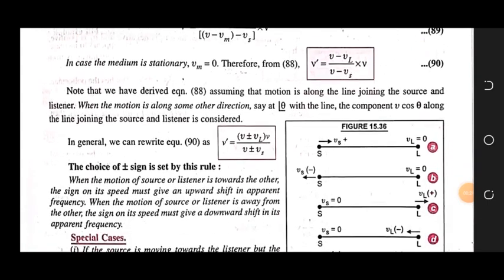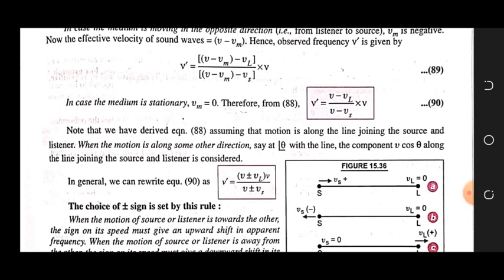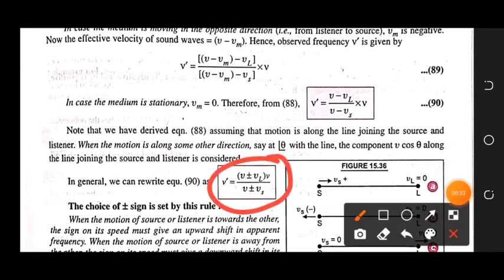Now whenever the medium is stationary, in general this equation we can write like this. Just as I told you, where there is a minus sign you can put plus-minus, and this plus-minus shows whether the listener is moving in the direction of the source or opposite to the source.